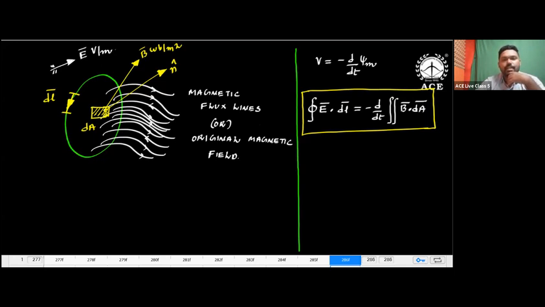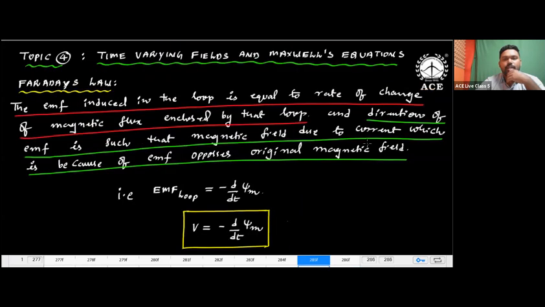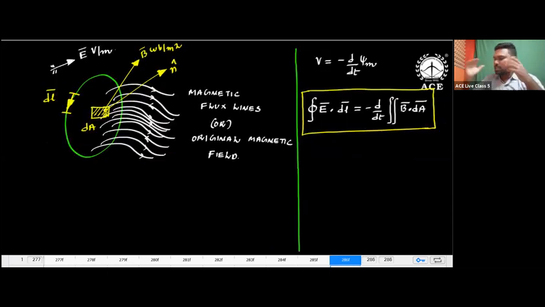Why is it happening like that? That is what the second part of the statement is talking about, and that is why the minus sign is there. Just for argument's sake, consider that the newly induced magnetic field is aiding the original magnetic field.